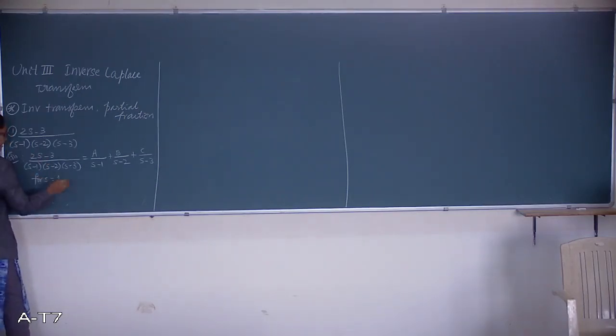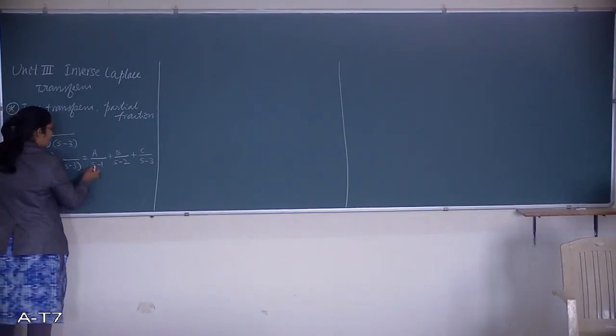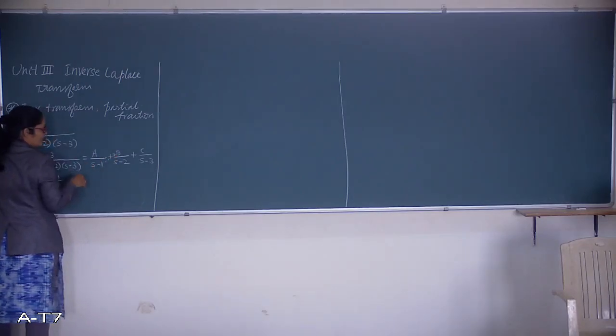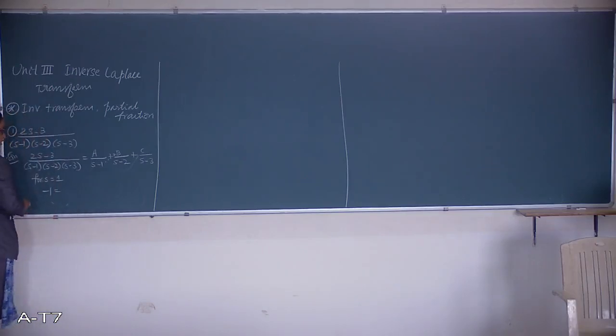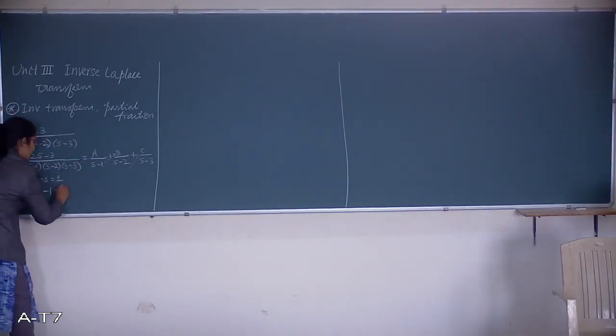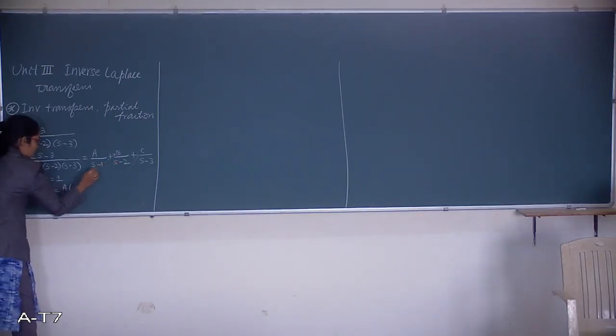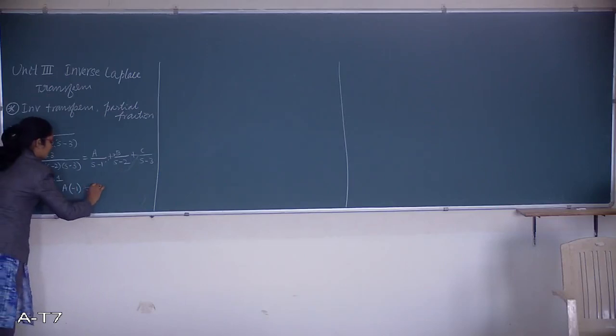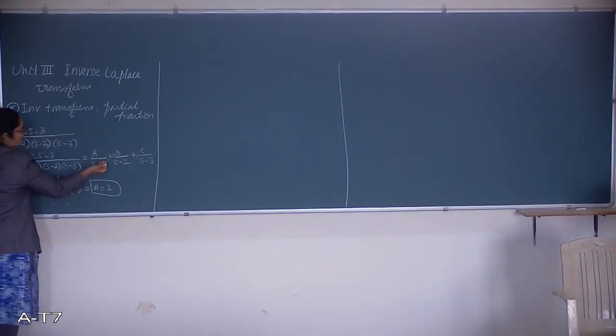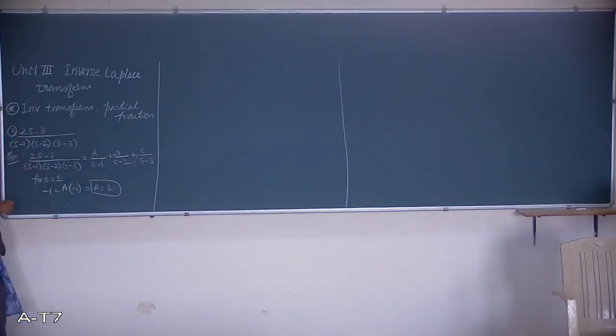With s equal to 1, the terms with B and C become 0, and only A remains. If you are not comfortable with it, solve it by taking the LCM, no problem.